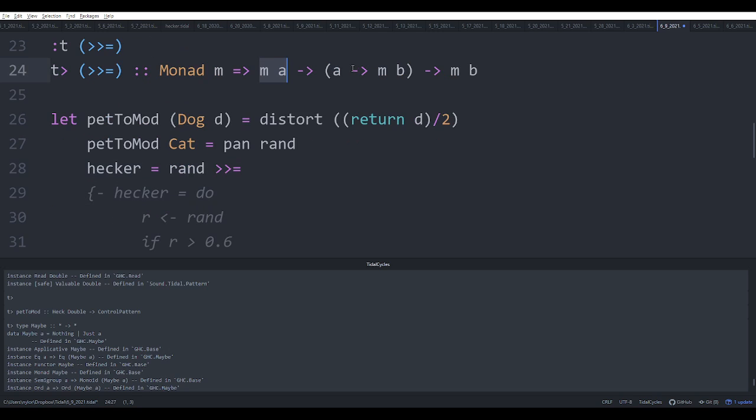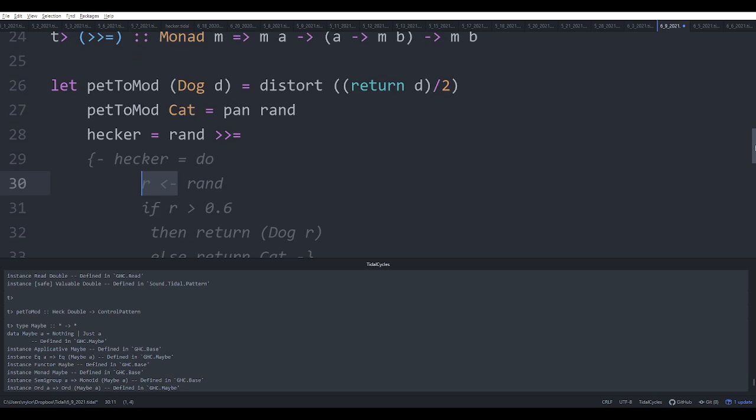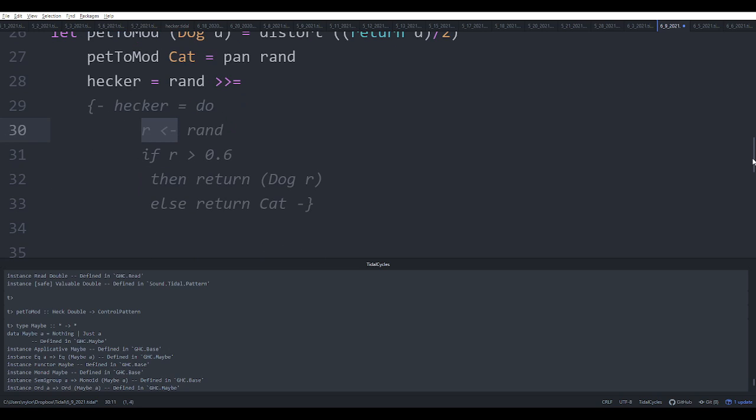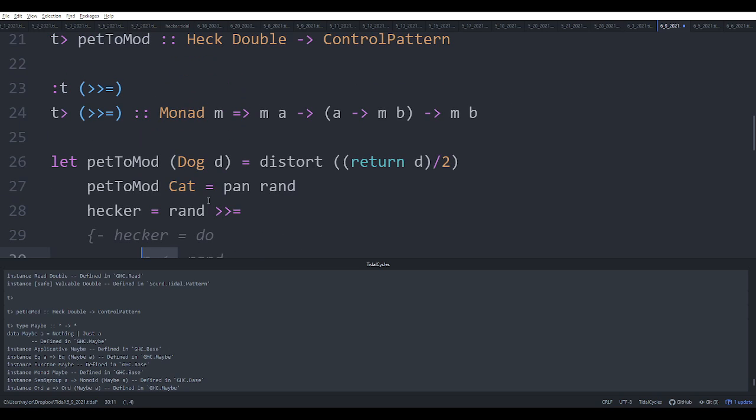Then what's the thing that is the rest of this? Well, this is actually this body here, if we think of this arrow as basically defining a kind of binding, right?